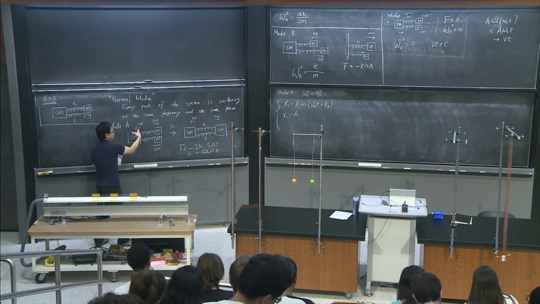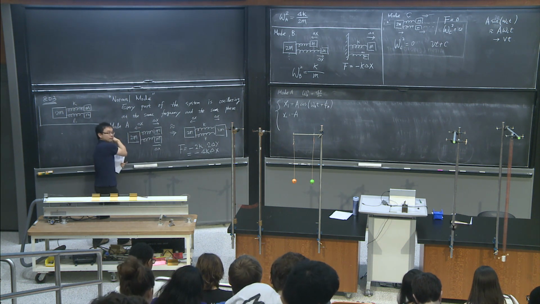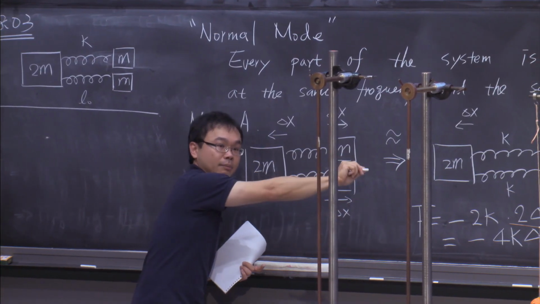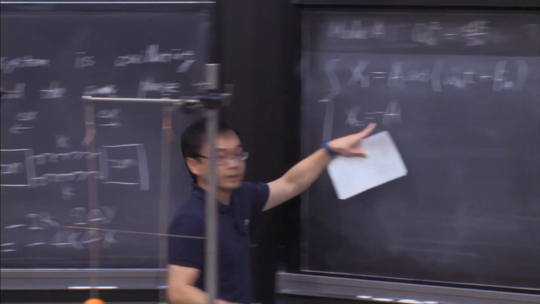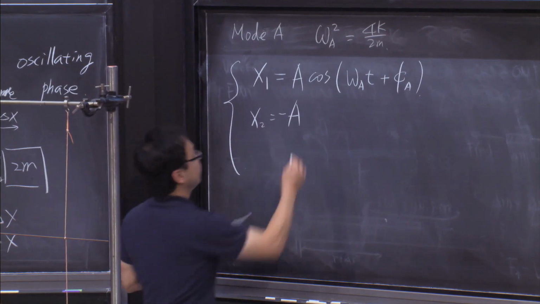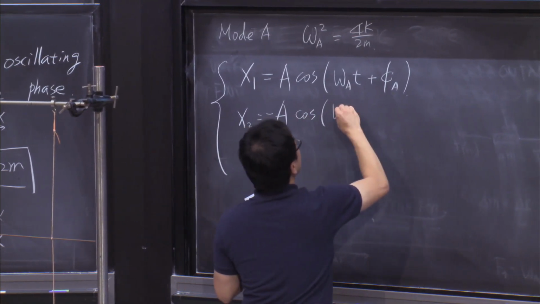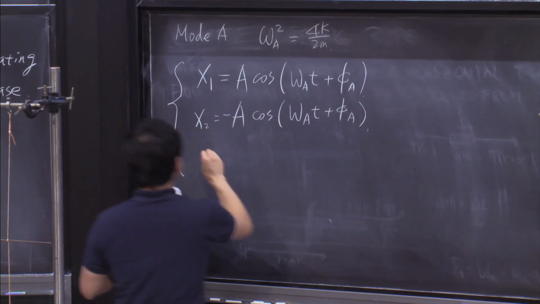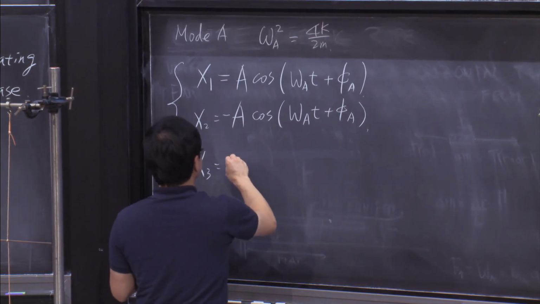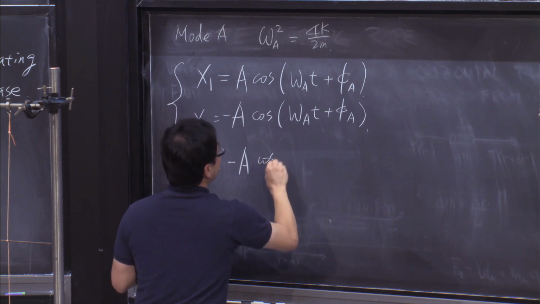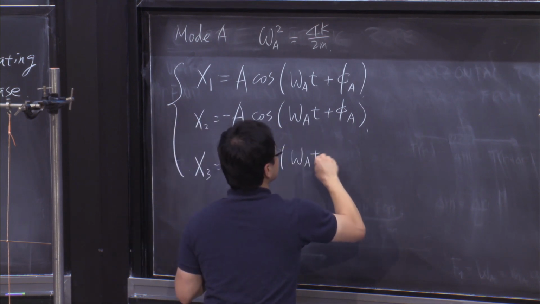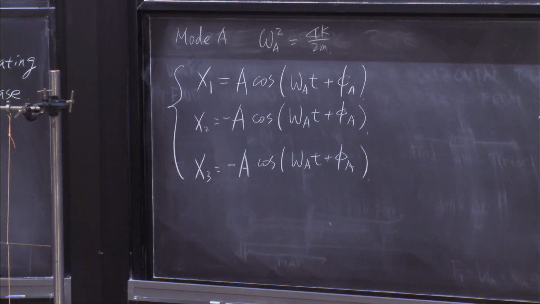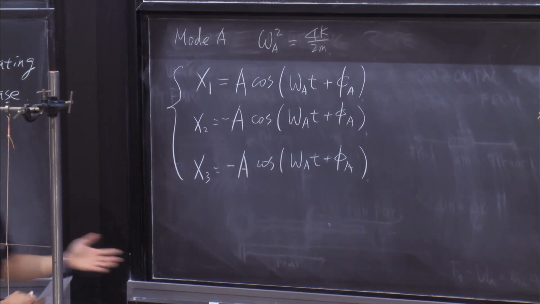If the first mass moves in the left-hand direction, then the two masses oscillate in the opposite direction, so I get the minus sign in front of A. Cosine(omega A t plus phi A). x3 will also be equal to minus A cosine(omega A t plus phi A).